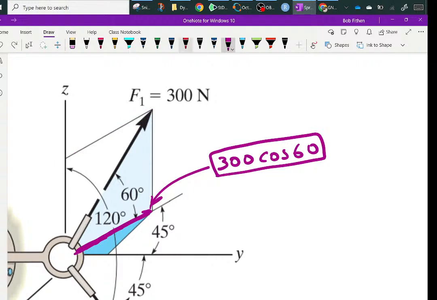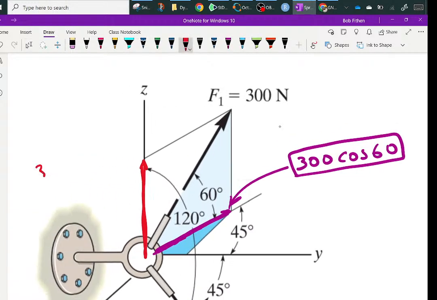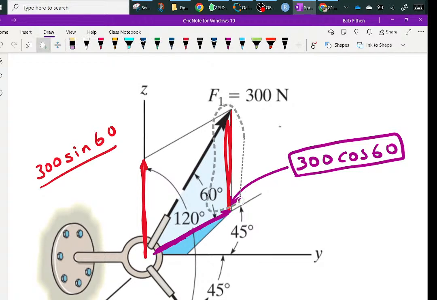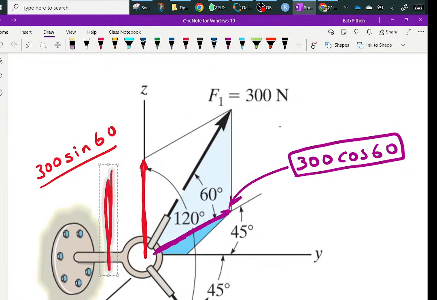So in fact, you have a vector component going up right here that is 300 times the sine of 60 degrees. Why is that? Because this is a triangle, of course, and this side of the triangle is 300 sine of 60. Now, if you wanted to, you could copy that and move it right over there, and they'd both be the same length.